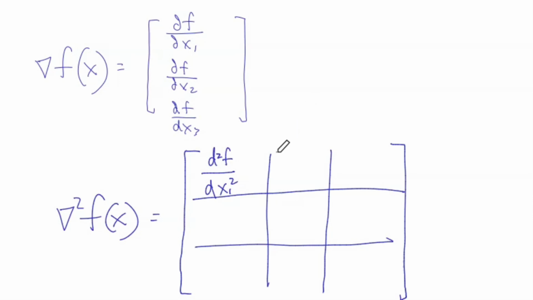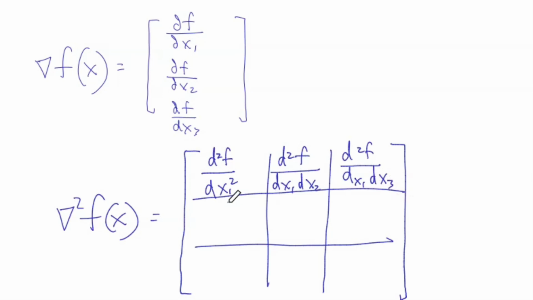And then this one, we derive the function first with respect to x1, and the second time with respect to x2. And then this one of course is d2f, first x1, and then the second time we derive it over x3.